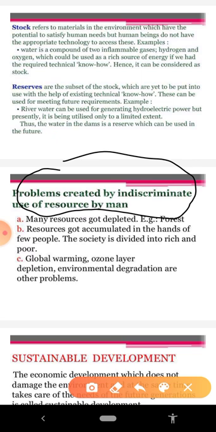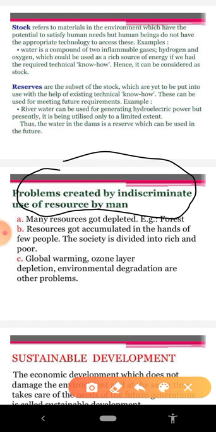First, a very important point: depletion of resources for meeting the greed of a few individuals. Second, accumulation of resources in few hands, which has divided the society into haves and have-nots, meaning rich and poor. Indiscriminate utilization of resources and their depletion is another outcome of overexploitation of resources.